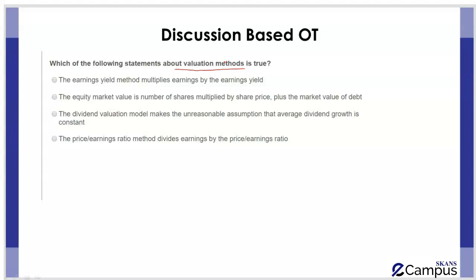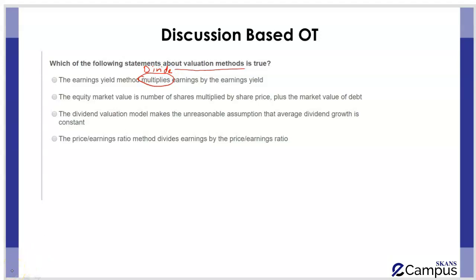For example, when you read the first statement, the earnings yield method multiplies by the earnings yield. You have to identify whether this statement is true or false, and if it is false, what the reason is. In this option, it is false because the earnings yield method will not multiply, it will divide.